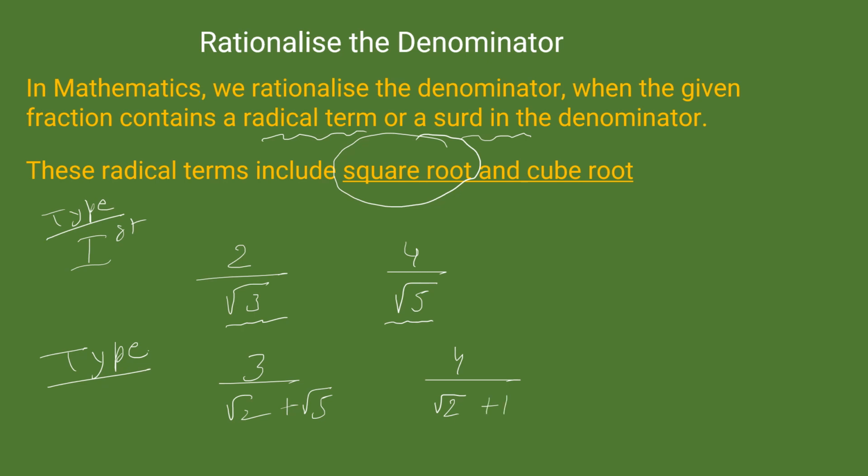It is also possible that the numerator also has an irrational number and the denominator has one or a couple of irrational numbers. So there are two types of problems for rationalization of denominator. One by one we are going to talk about how we will solve type 1 and how we will solve type 2.